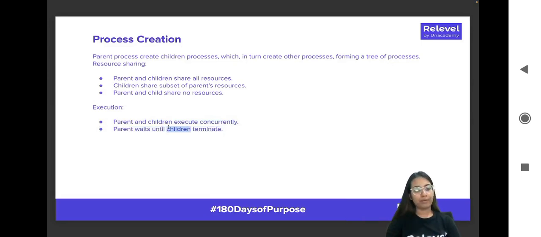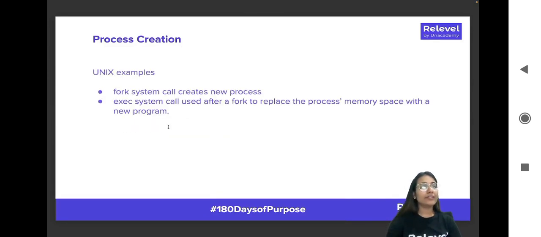Now, the next thing is in terms of the Unix operating system. Each process, we already know, has a unique process identifier, which is a unique integer. Using a fork system call, we can create a new process from the original parent process.